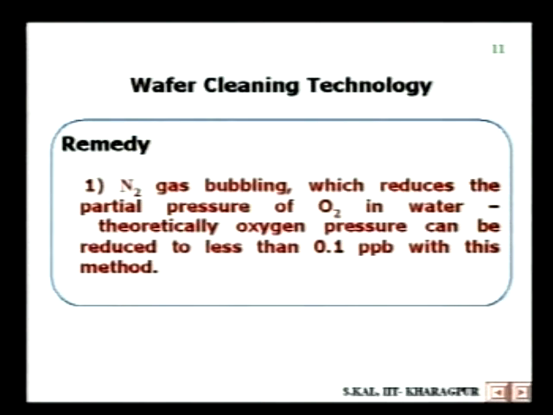If you continuously bubble high purity nitrogen into that water, then the dissolved oxygen inside the water will go down. The partial pressure of the oxygen will reduce drastically, and that will help in removing the native oxide formation problem. So that is one remedy.